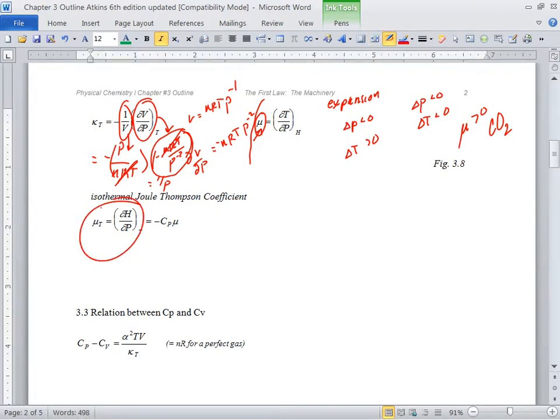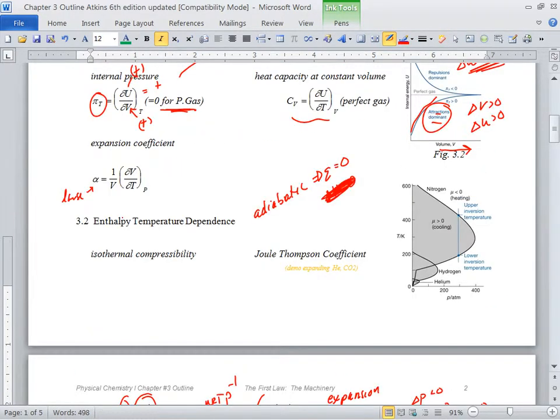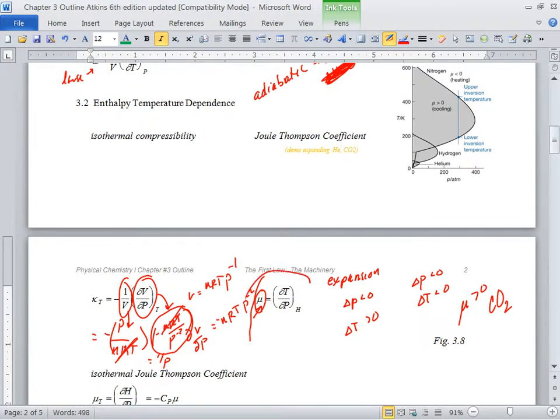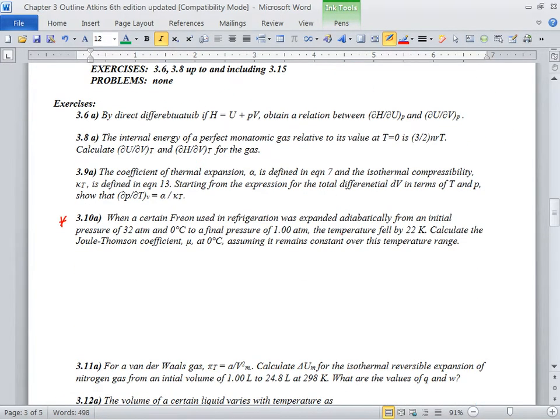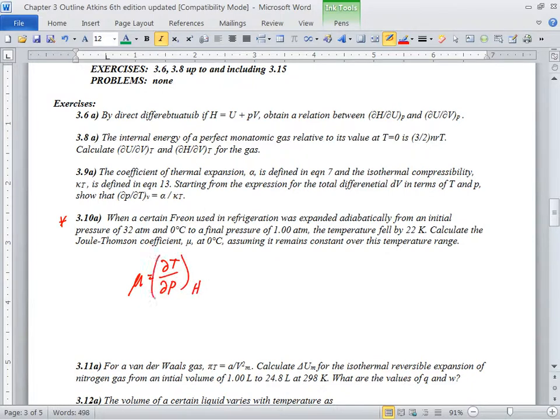Okay, well, that's isothermal. Okay. So, any ideas?